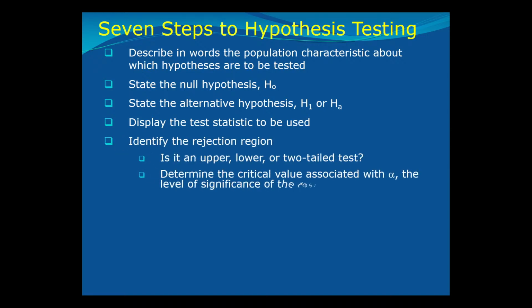Then we need to plot the rejection region. Is it an upper, lower, or two-tail test? We need to find out the correct method of hypothesis testing. We need to determine the critical value associated with alpha, the level of significance of the test.